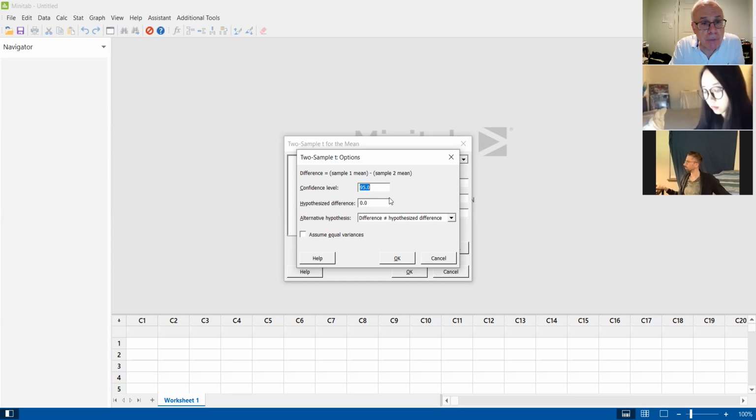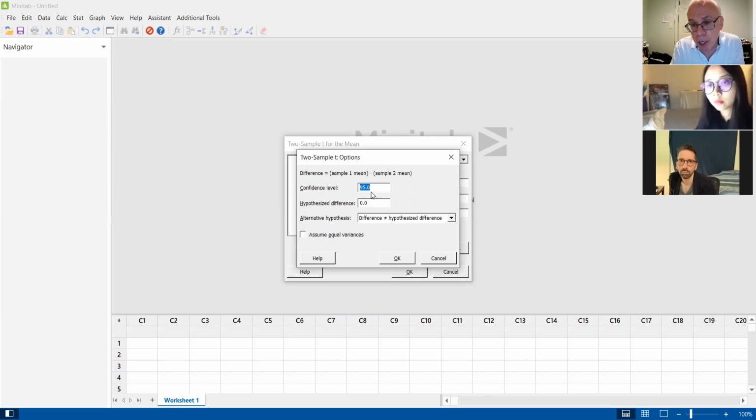Now, confidence level. Well, what is that? Why are they asking for a confidence level? Well, that's the middle area, right? The middle area. So the question, what are we going to put in there? Well, let's say we do a 5% level of significance.